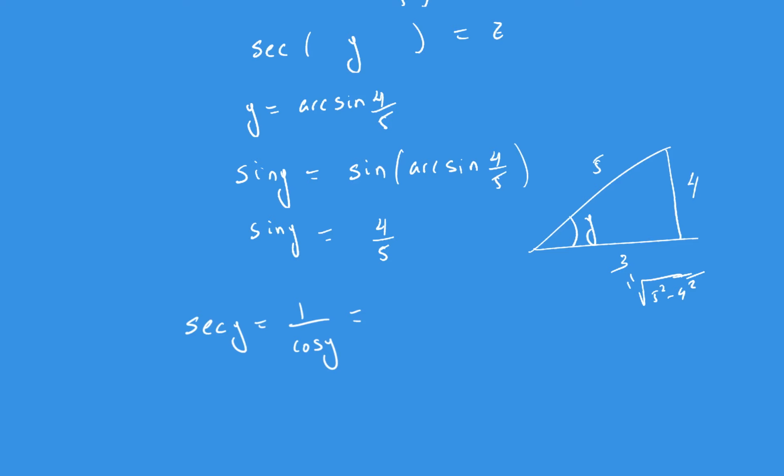But in this picture, I can see that cosine of y is the adjacent 3 divided by 5. So it's 1 divided by cosine of y, which is 5/3. So the result is that the secant of y is 5/3. And the problem is solved.